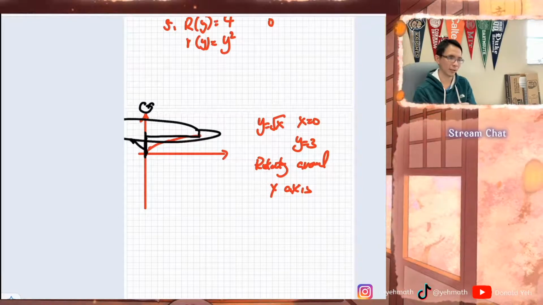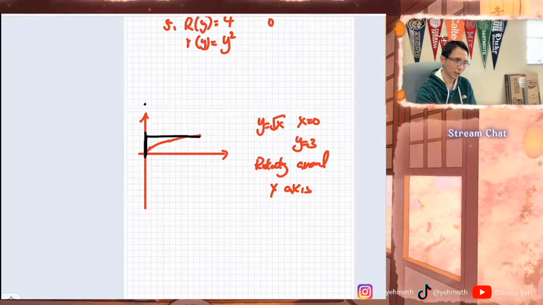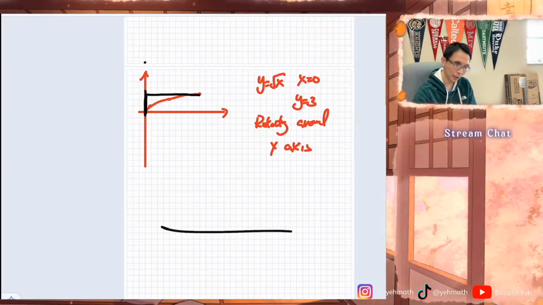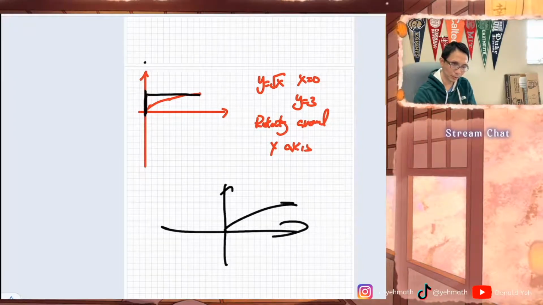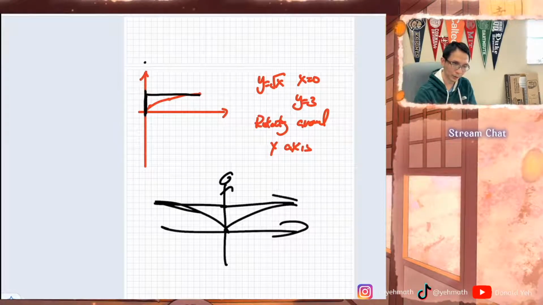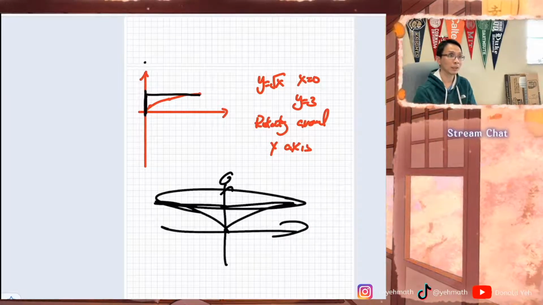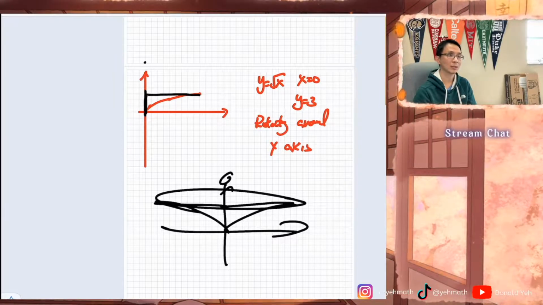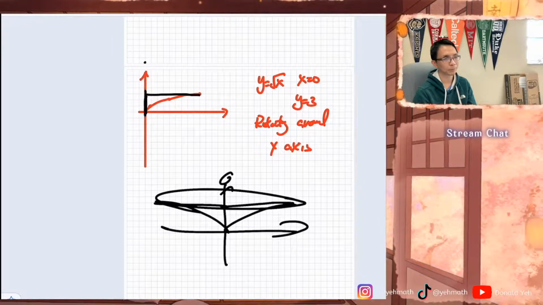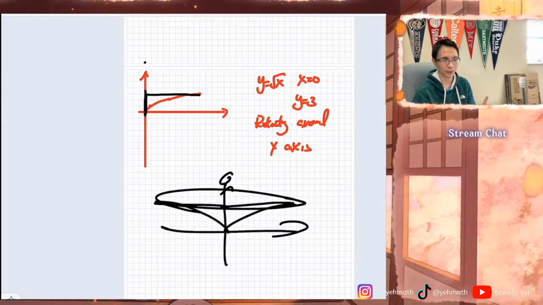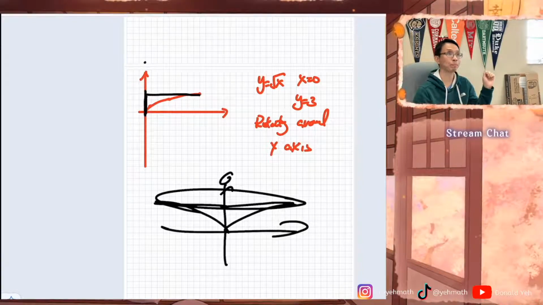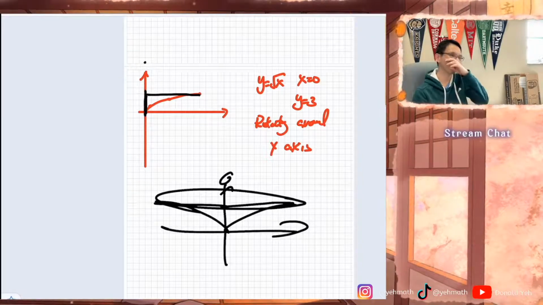Think about this: if I have something like this, I'm going to draw on the bottom here. Rotating around here, it's going to be like this, right? So right here, would this be my setup? This is your top.